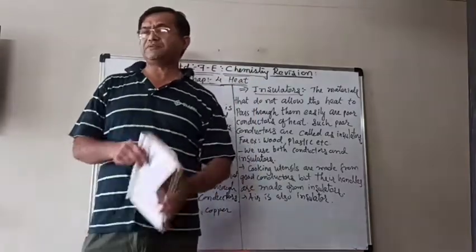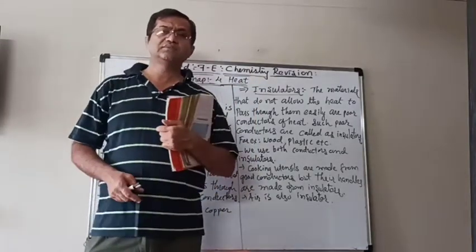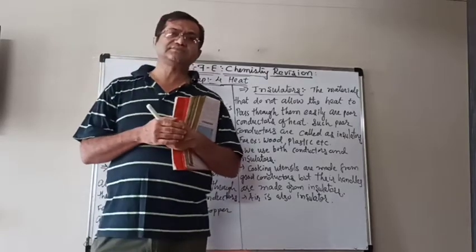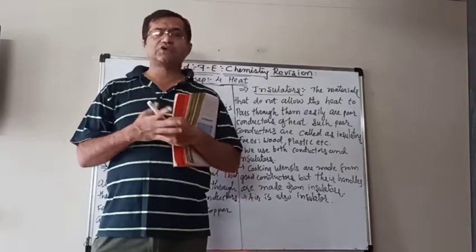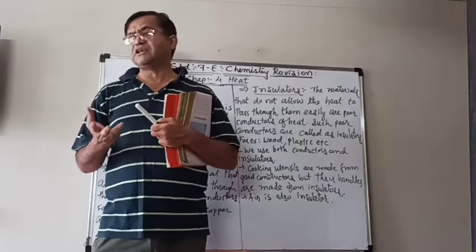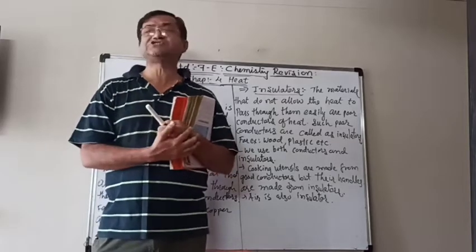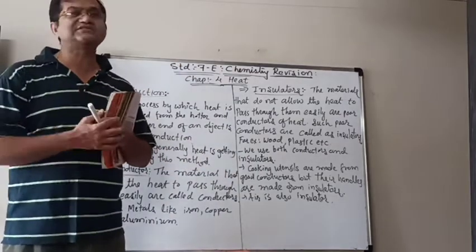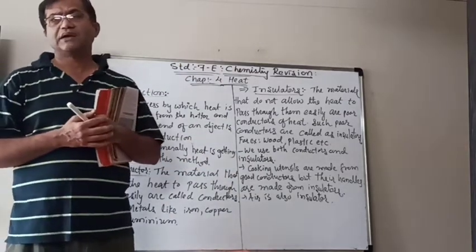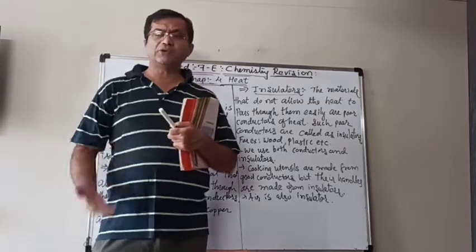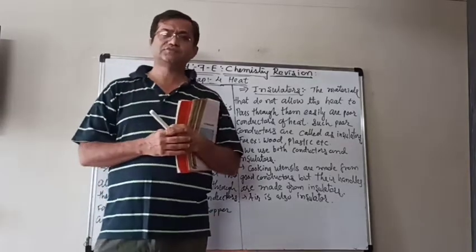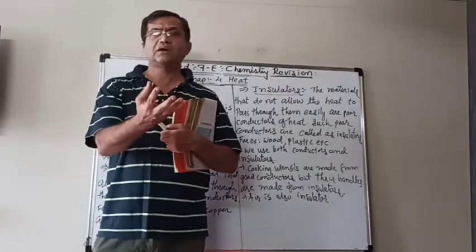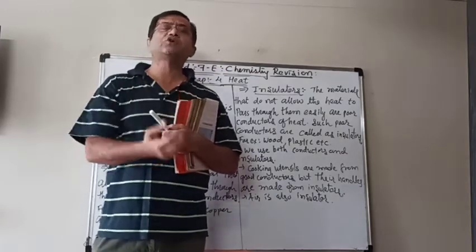Now in our life we use both types of materials because we need them. For example, in the kitchen, when we use cooking utensils, we put them on the flame so that the heat can be transferred inside and the food can be cooked.